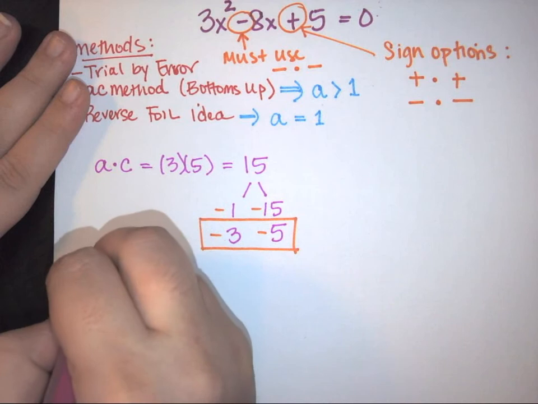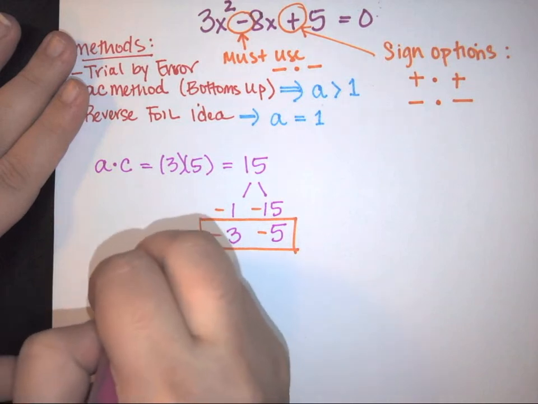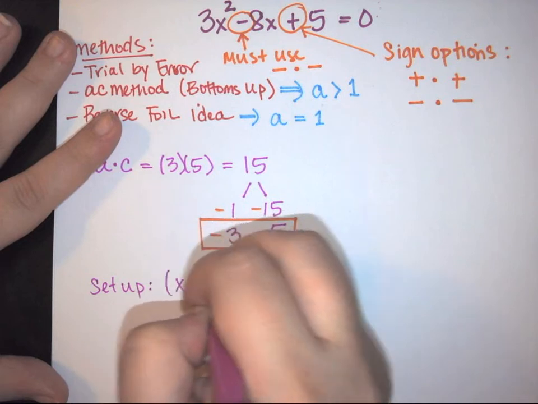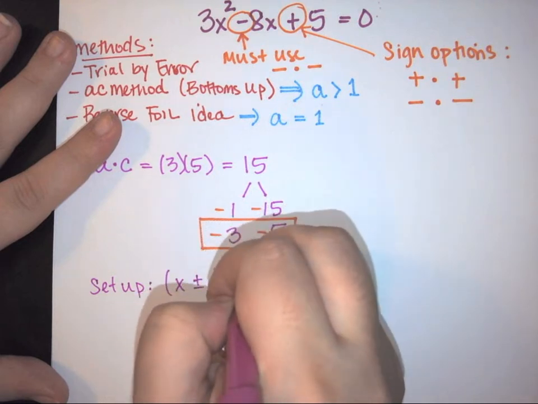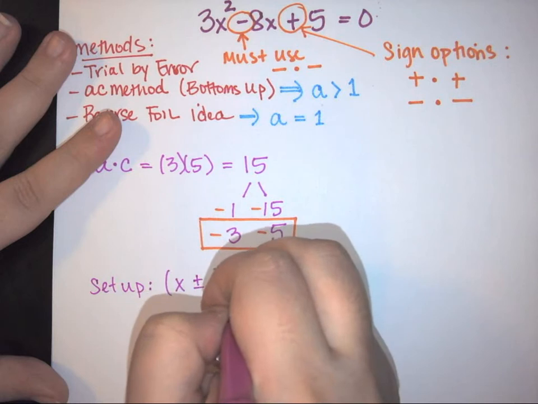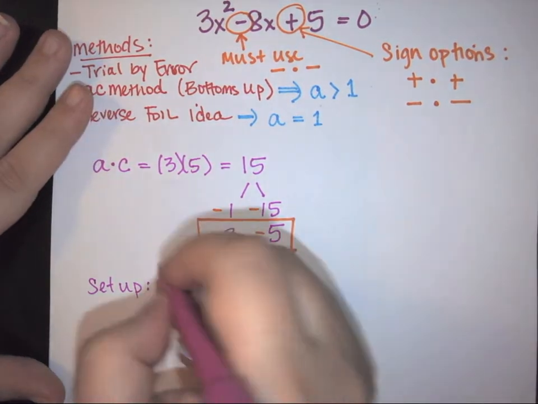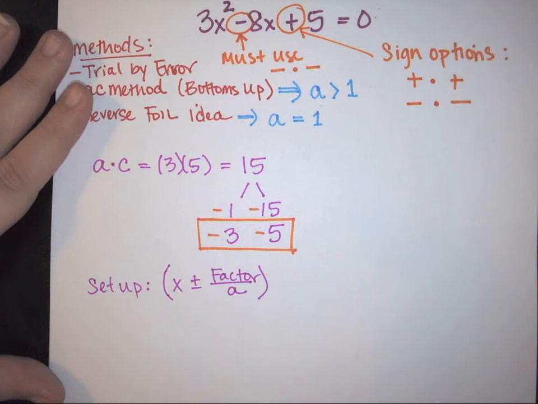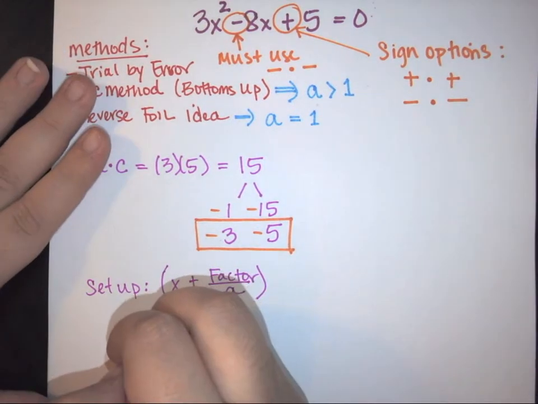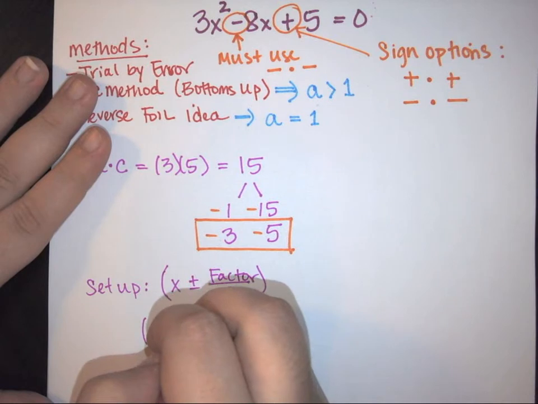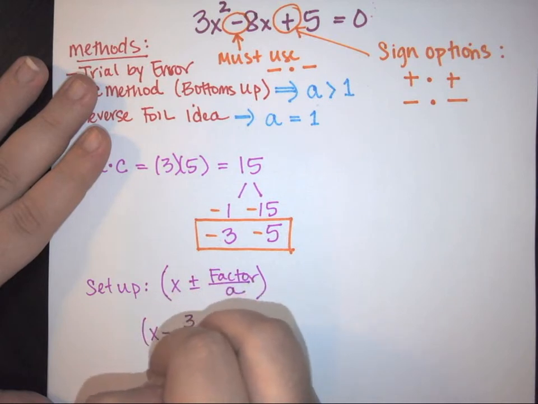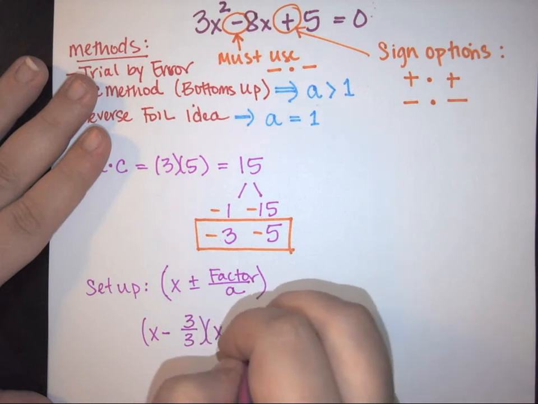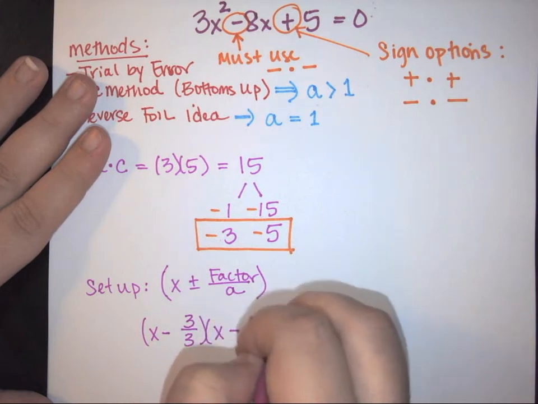So the setup says that I am looking at x plus or minus your factor divided by the a. So I have to set this up for both of these factors here. In doing so, I'm going to end up with x minus 3 over 3 and x minus 5 over 3.